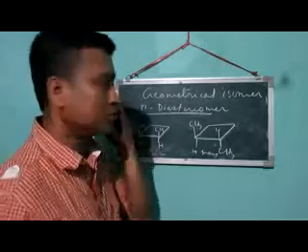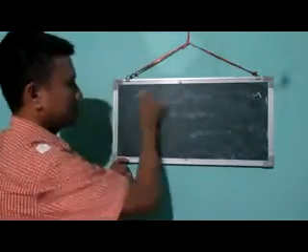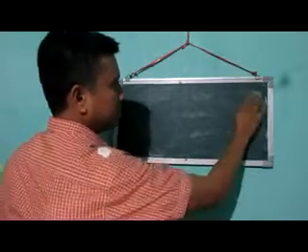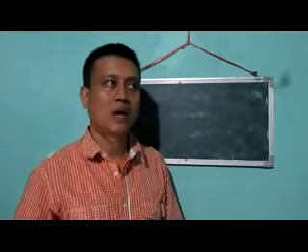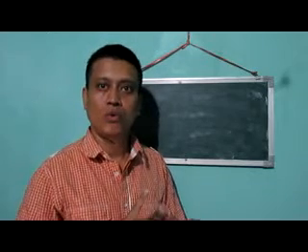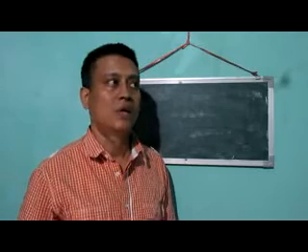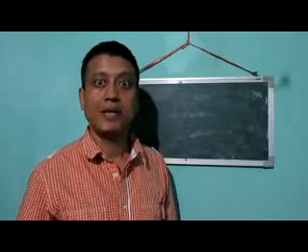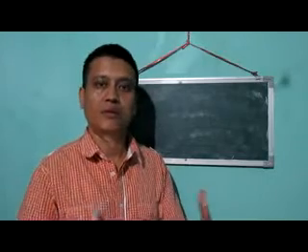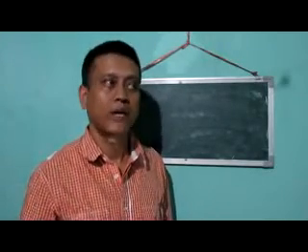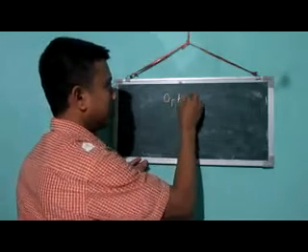Now come to another point, the properties of enantiomers and diastereomers, or what is the difference in properties. Enantiomers have all properties the same: physical properties like melting point, boiling point, refractive index, and chemical reactivity, because they have the same type of configuration. But they have only one difference, that is optical property.